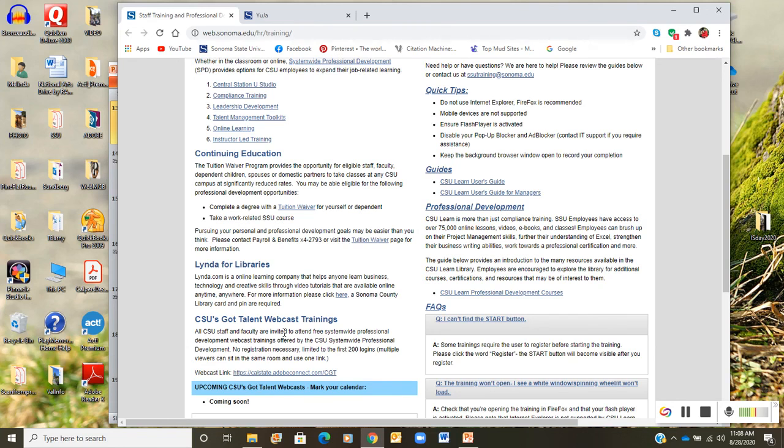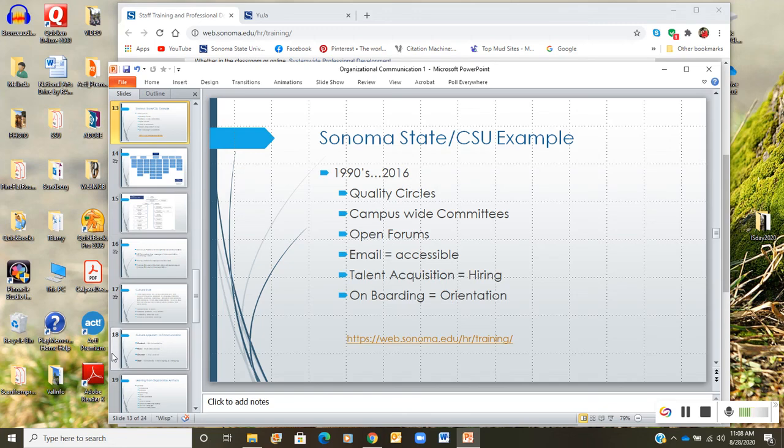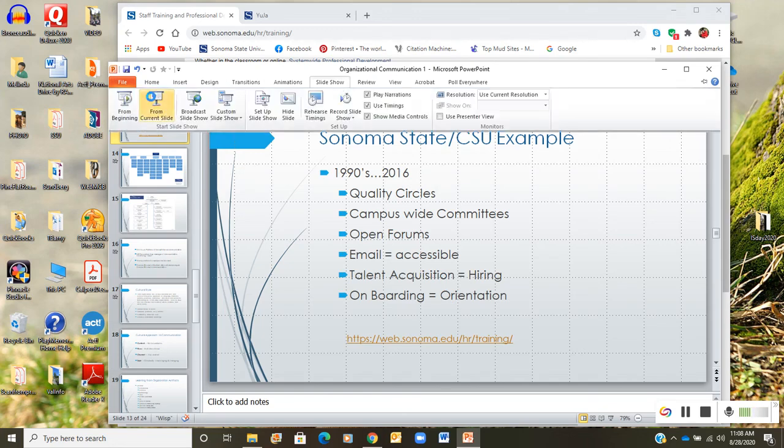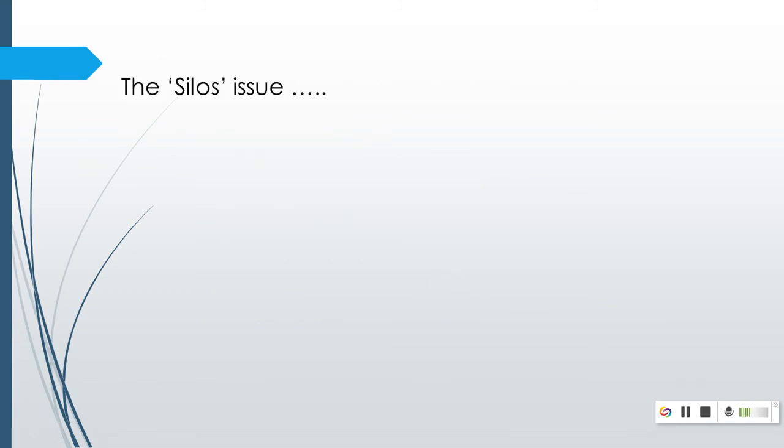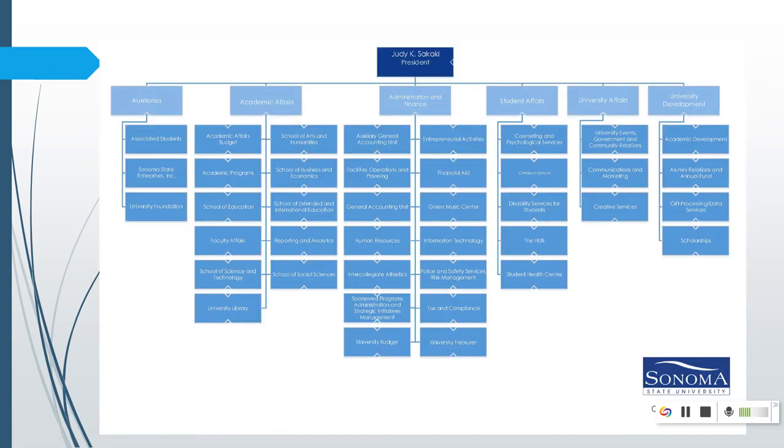In addition to this, you have Sonoma State staff newsletters and videos. You have Staff Appreciation Day. You have staff awards. So you have a whole program of making staff feel recognized. All right. So you have this richness.